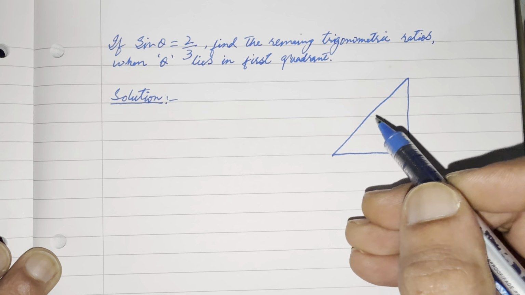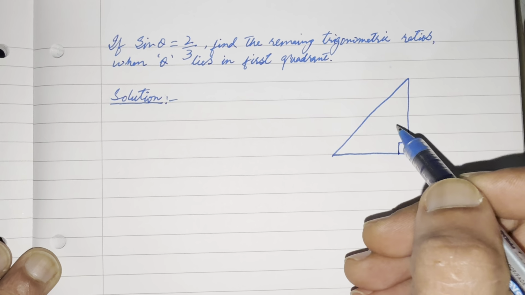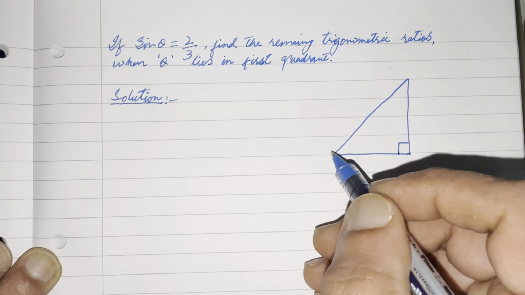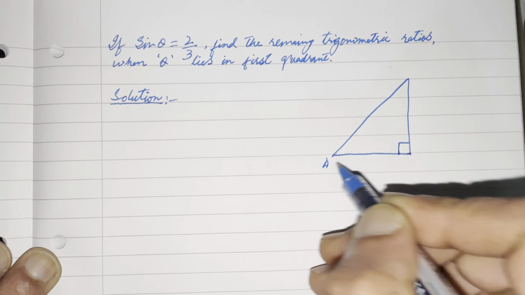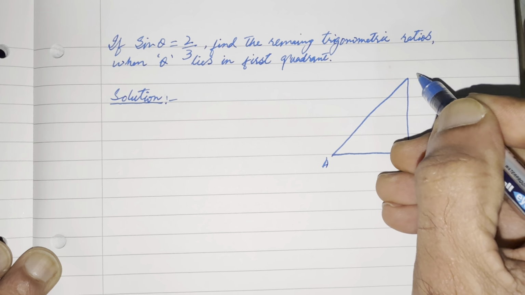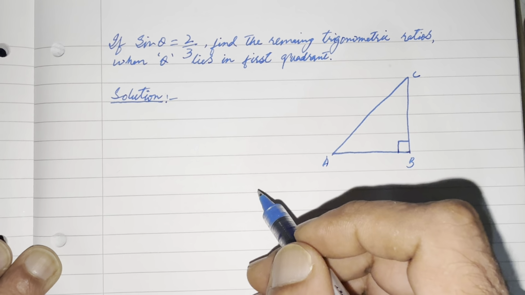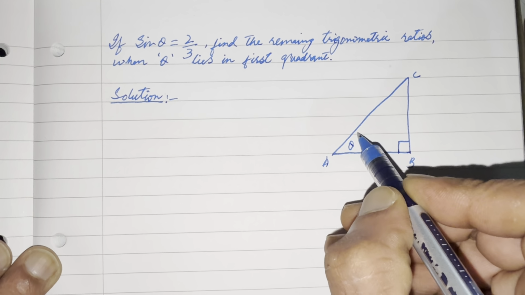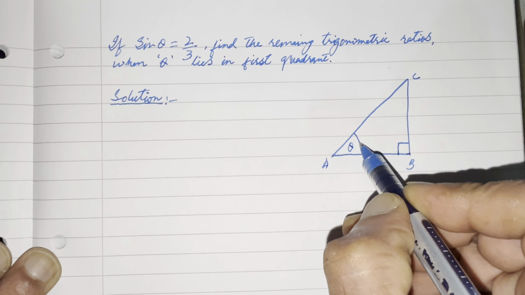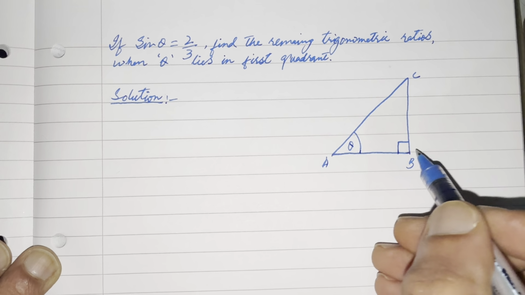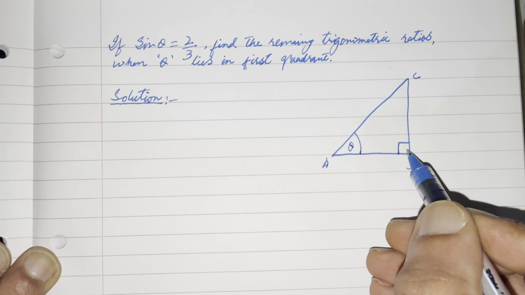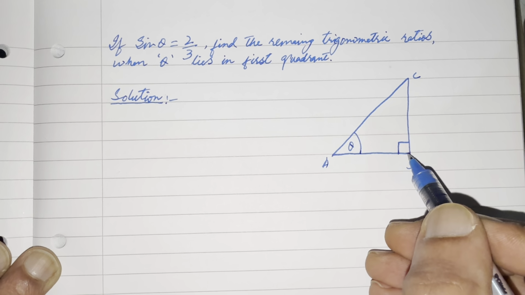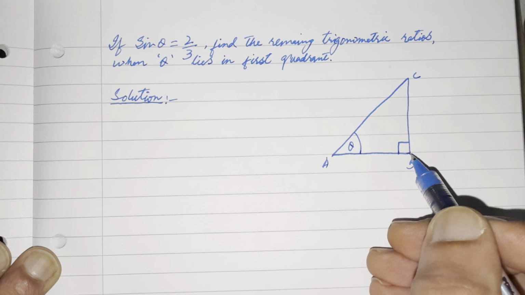So that's the right angle triangle with the points named A, B and C. The theta angle will be at point A, and the right angle is at point B.